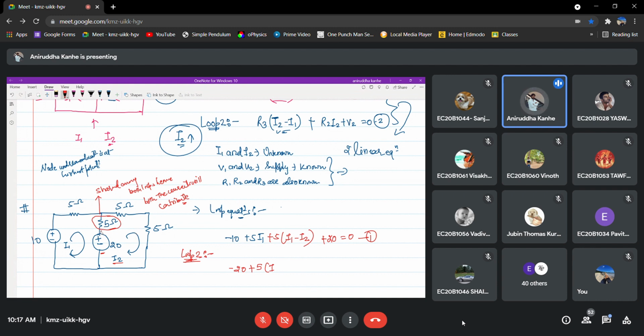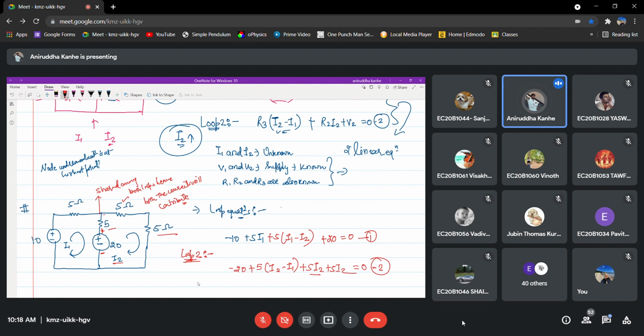And if that is the case, you will be getting a drop in this way, so positive sign will come here and the negative sign will go there. Is that okay? So how you can write 5 into I2 minus I1 plus 5 into I2. So plus 5 into I2 is here and plus 5 into I2 is here. So that is equal to 0 and this is equation number 2.